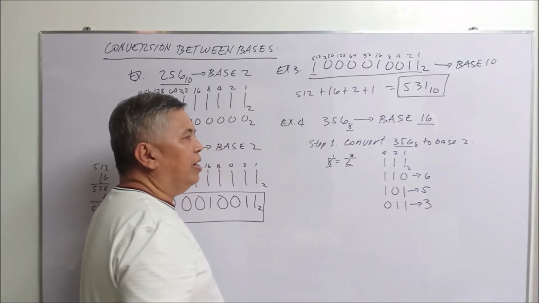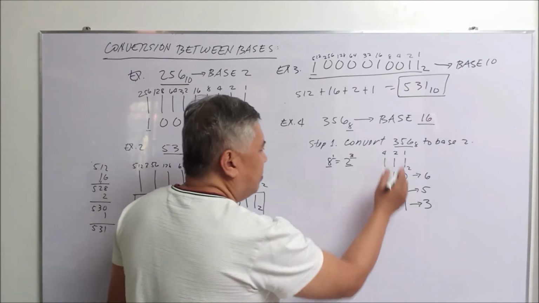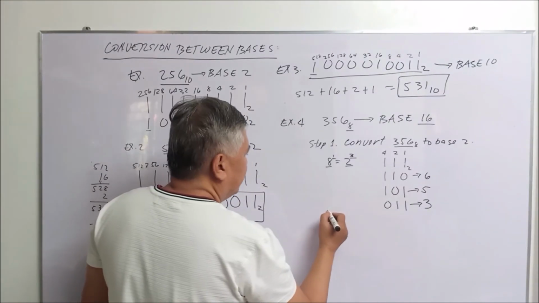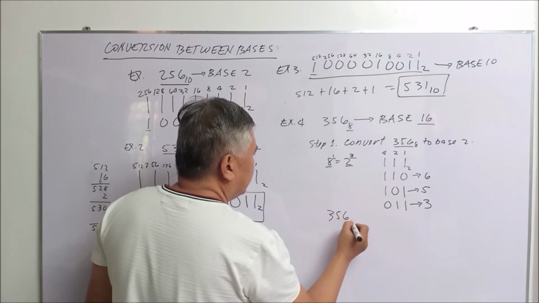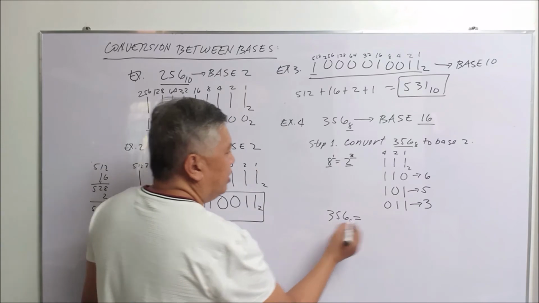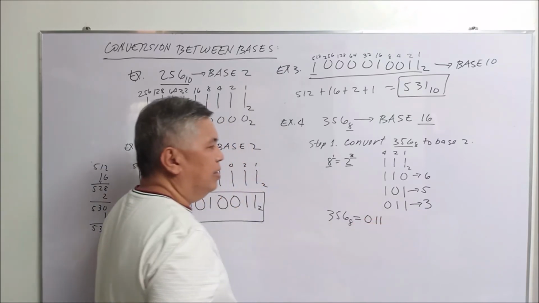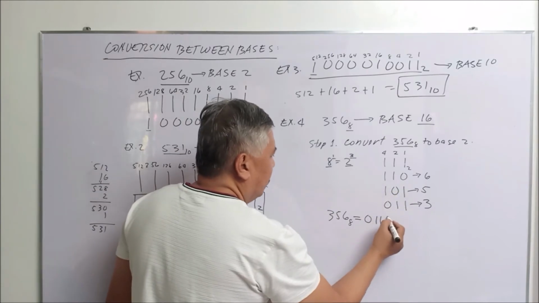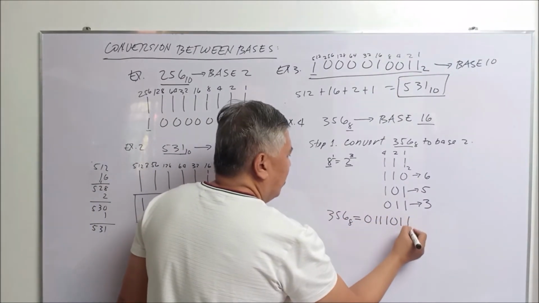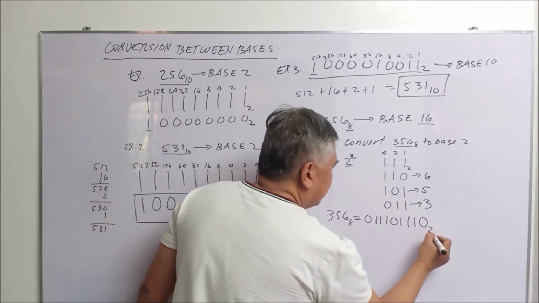So what will now be our binary equivalent of this particular octal number? So 3, 5, 6 of base 8 is therefore equal to, what is 3? 0, 1, 1. What is 5? 1, 0, 1. And what is 6? 1, 1, 0 of base 2.